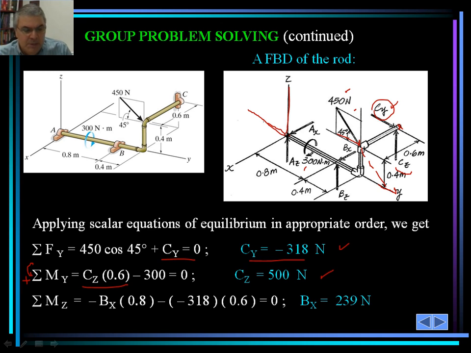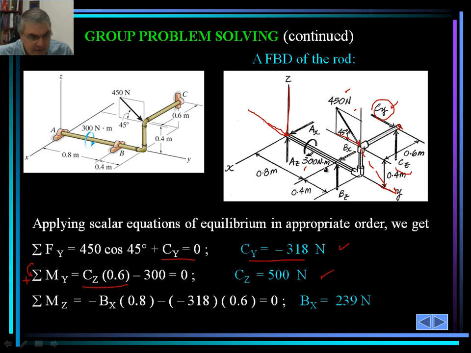The only two forces that would apply in this scenario and that would cause any kind of moment rotation about axis z would be two of them. One would be B sub x. B sub x is right here, and it has a tendency to rotate the entire structure about the z-axis.